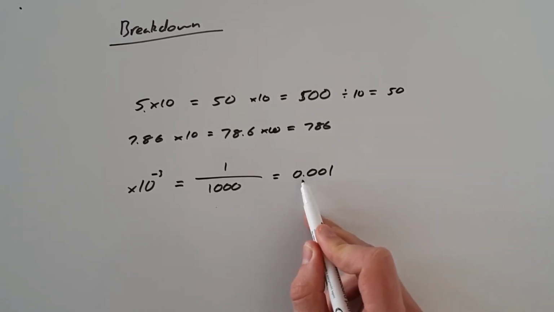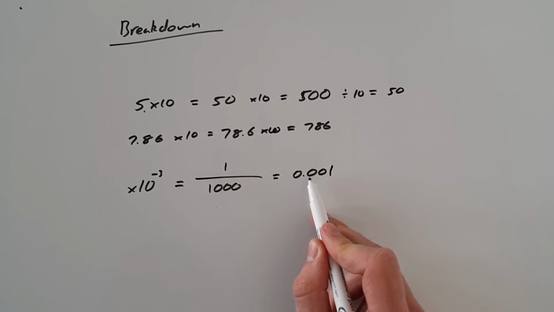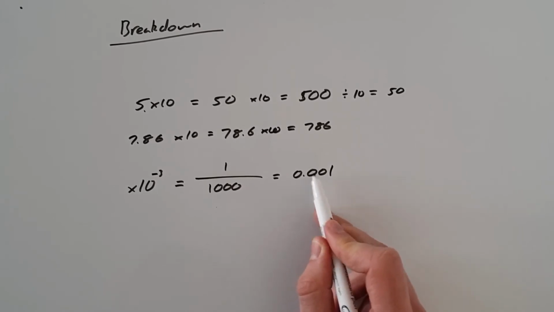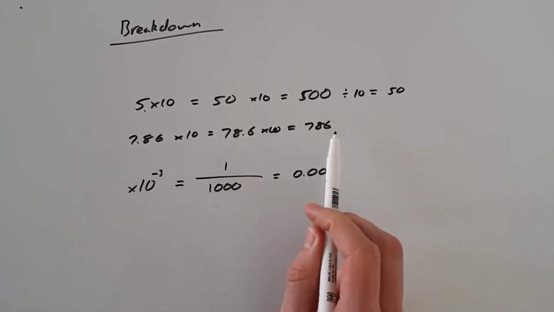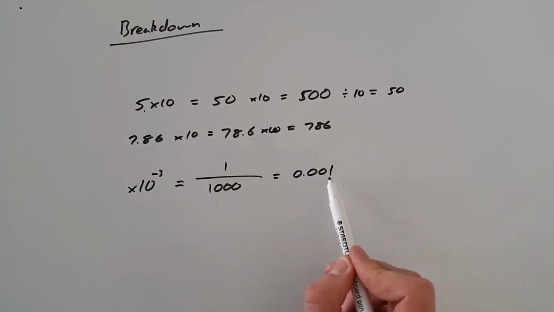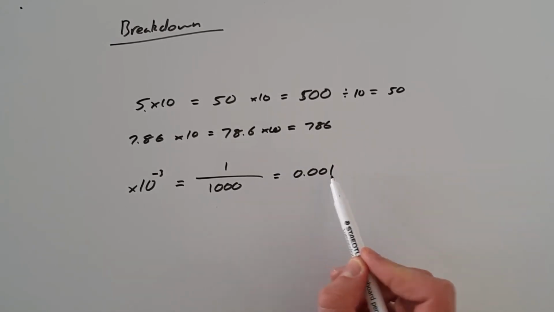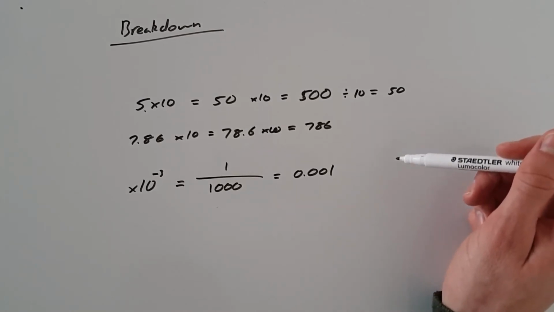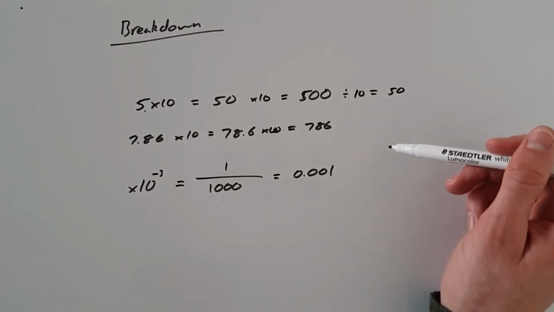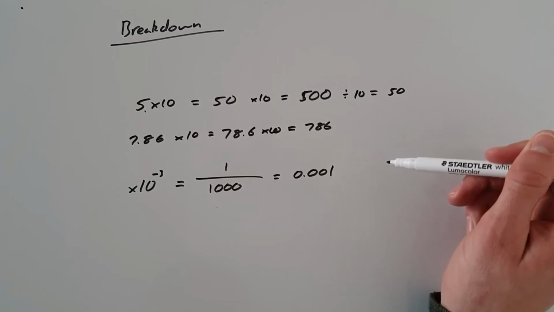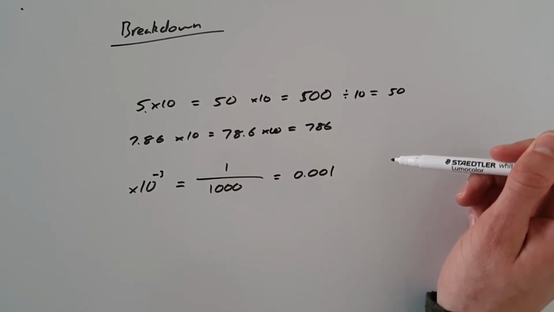Okay, and in this case, because it's now the other way, when we multiply this by a number, we'll be moving the decimal point back 3 spaces, because we've got 3 zeros on this side of the 1. Okay, I hope that made sense. I hope that made it a little bit clearer. Once you've got to grips with what standard form is, we can then move on to how we add and multiply them.